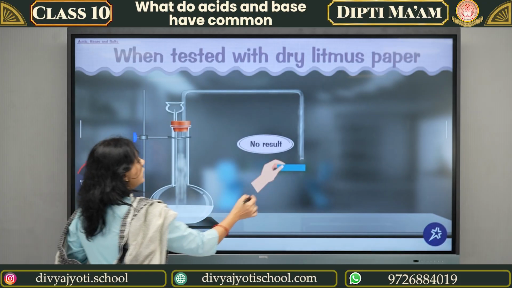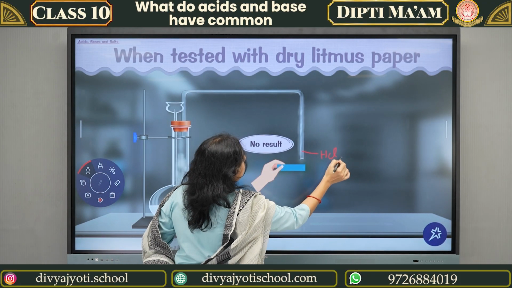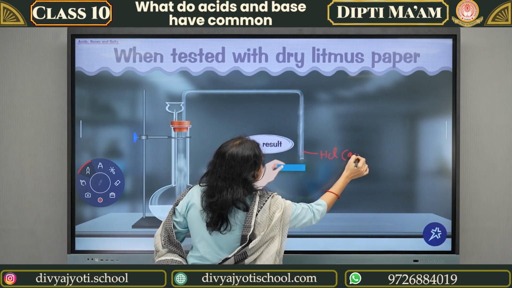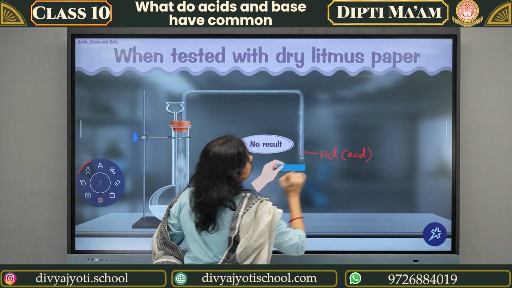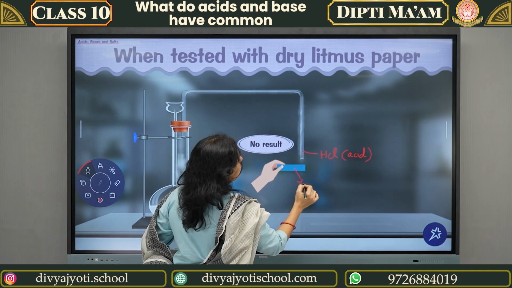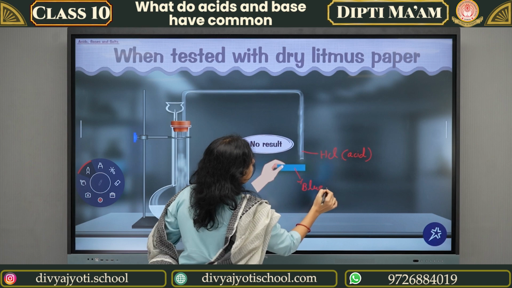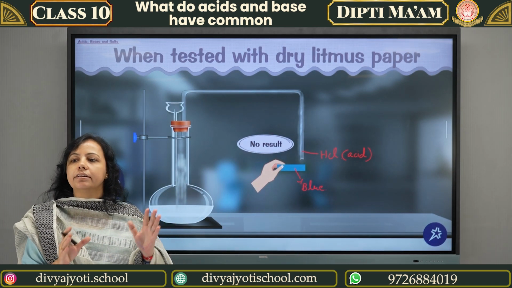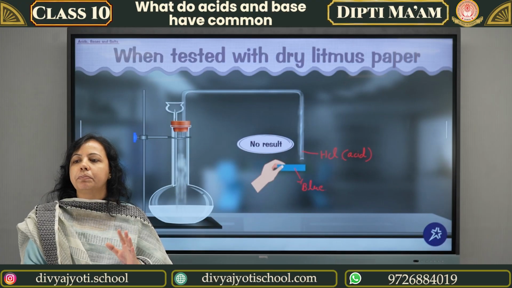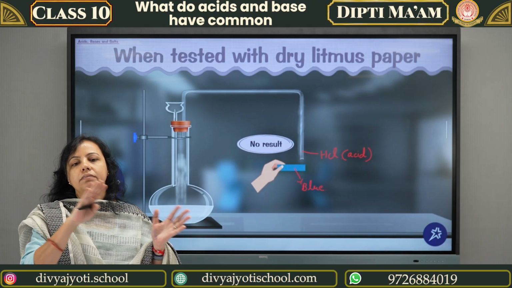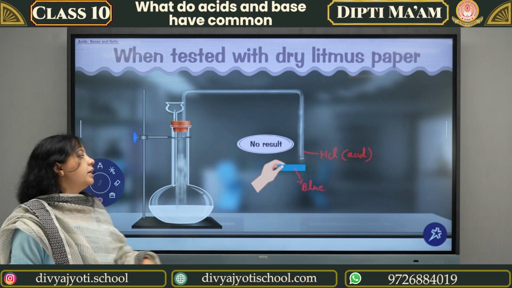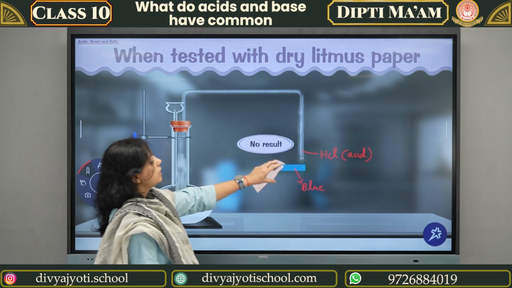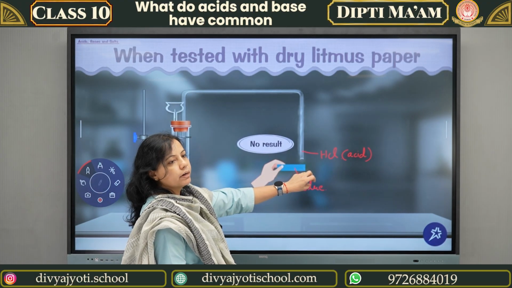If HCl gas is coming out, then this is the characteristic of an acidic compound, and here the blue litmus paper is there. Generally, as you learned in the last class, if an acid reacts with the blue litmus paper, then the blue litmus paper converts into red. But here you don't see any color change of the blue litmus paper.